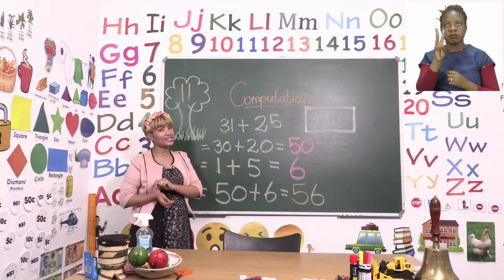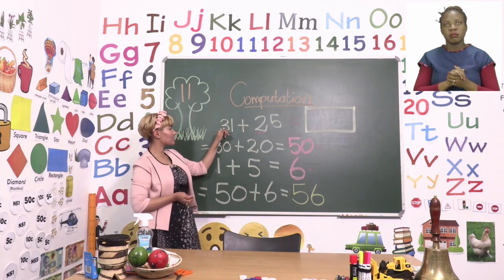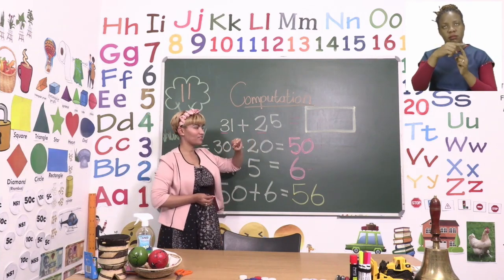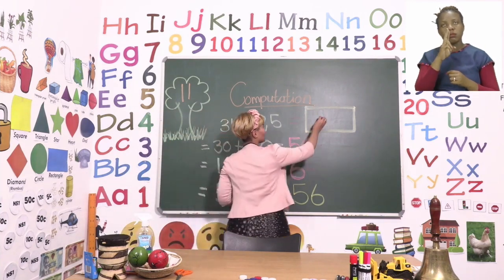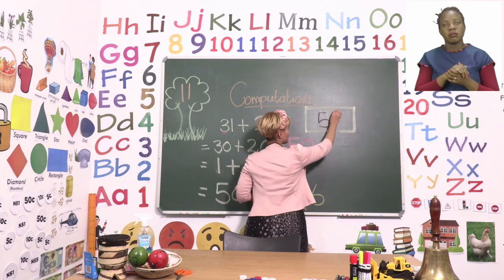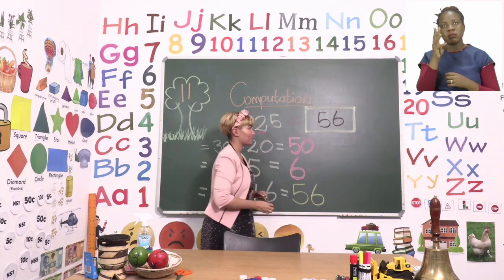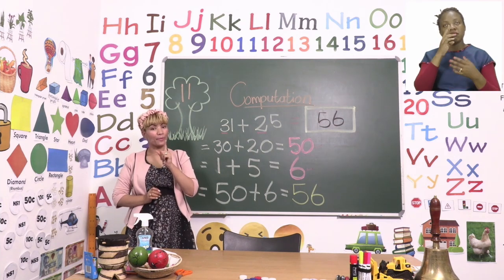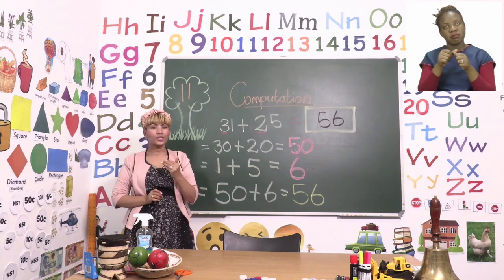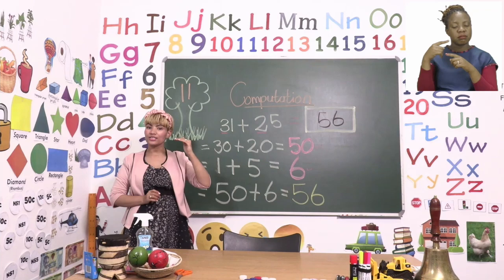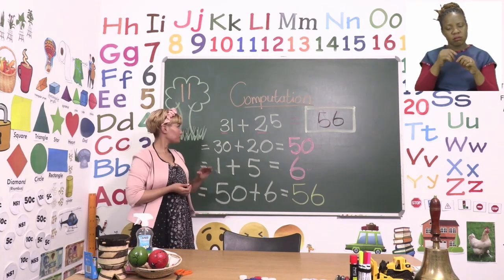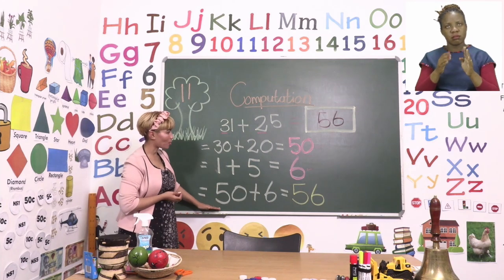And that means, everyone, that 31 plus 25 is equal to 56. And there you have your answer. Now remember, you can always go back and follow all the steps that are given to you at the top of the page to fully decompose.